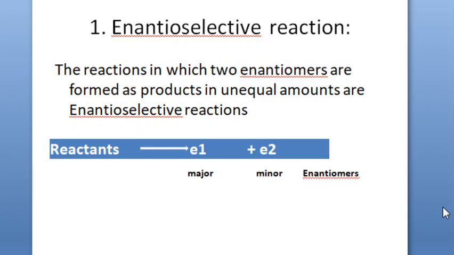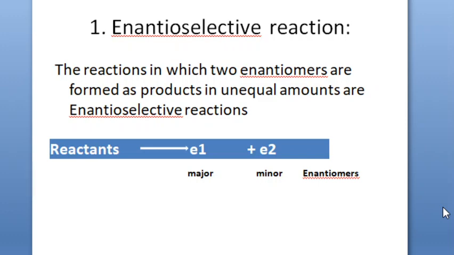Then you can say they are enantiomers. Among those enantiomers, if one is produced majorly and another minorly, one in excess of the other, then you can call that an enantioselective reaction. One of the enantiomers has to be produced in more quantity than the other.